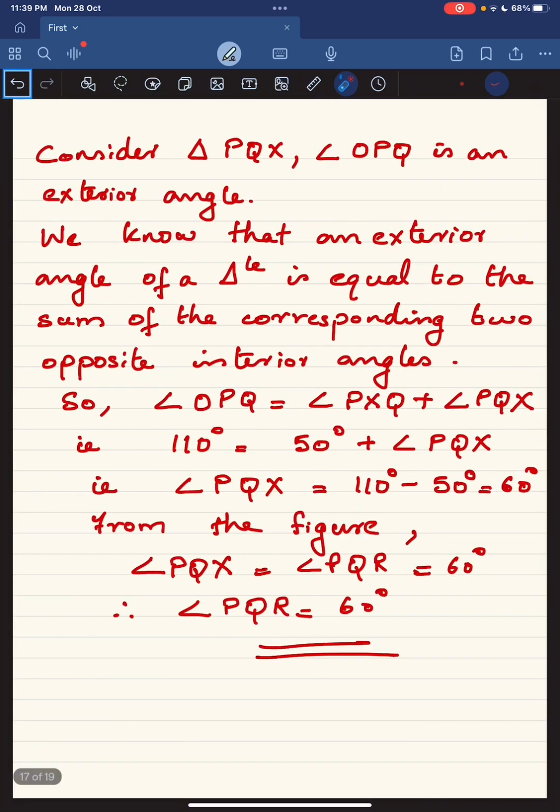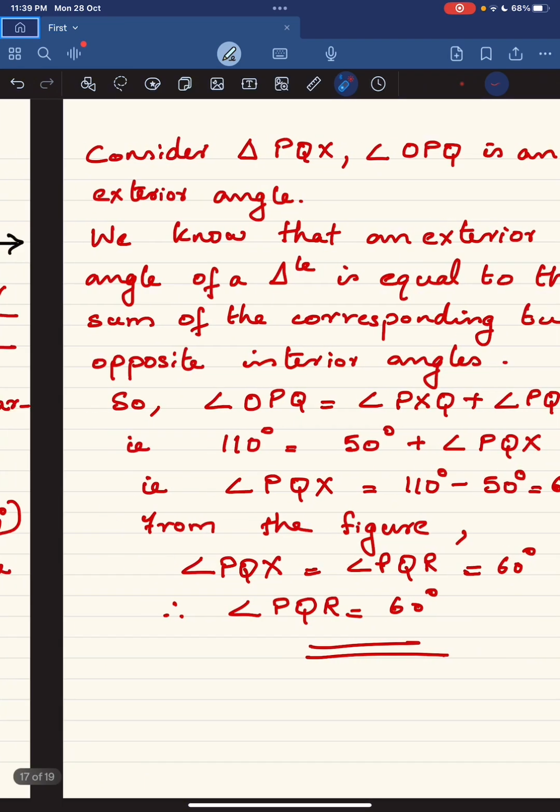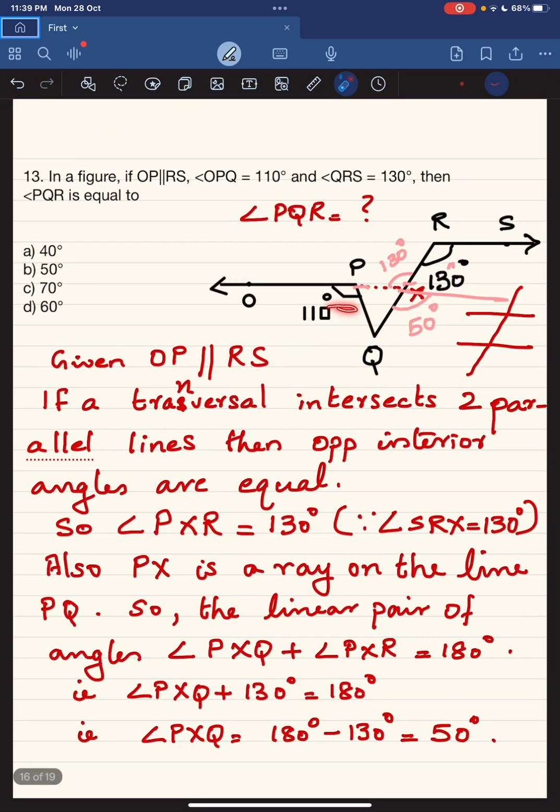There is a statement we know: an exterior angle of a triangle is equal to the sum of the two corresponding opposite interior angles. These are the opposite interior angles of this exterior angle.